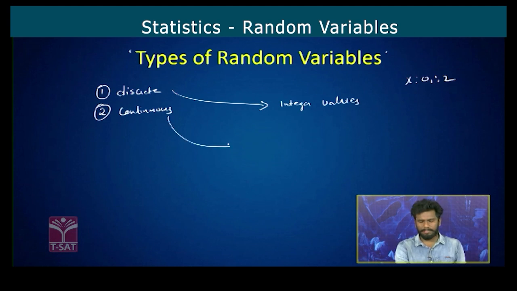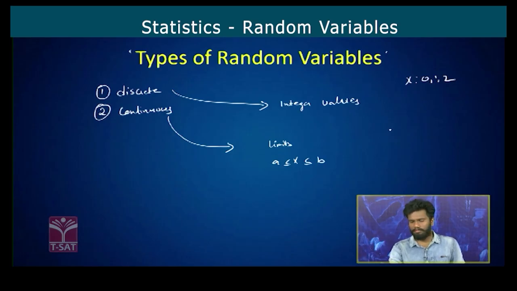Whereas this continuous random variable will assume the values within certain limits, just like a less than or equal to x less than or equal to b, like this. The best example we can give for continuous random variable is the weight of students in a class. Let us suppose the range 50 to 70.